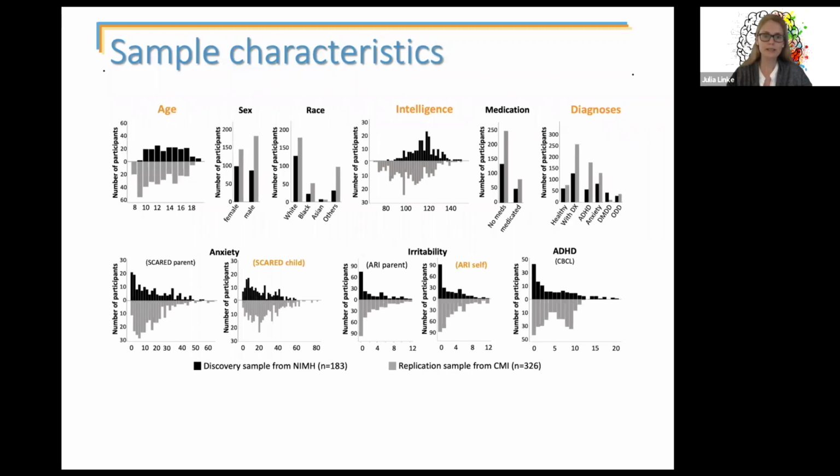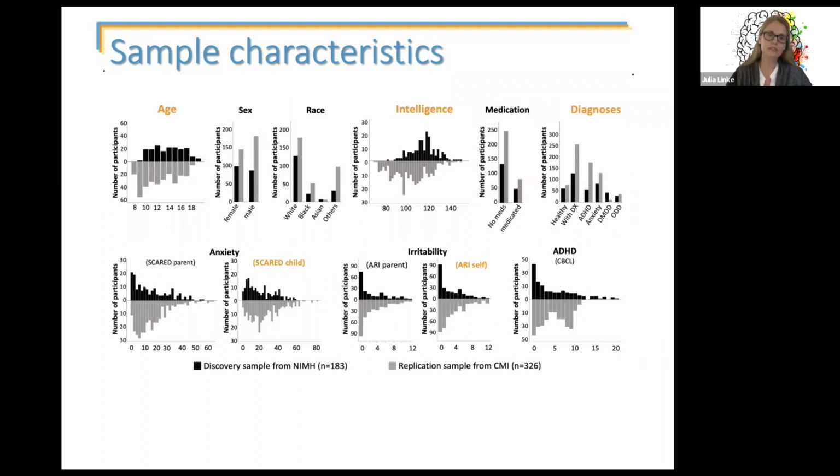Let's take a peek at the sample characteristics, because I think that's important. So both cohorts were comparable with regard to sex, race, medication, and parent-reported anxiety, irritability, and disruptive behavior.